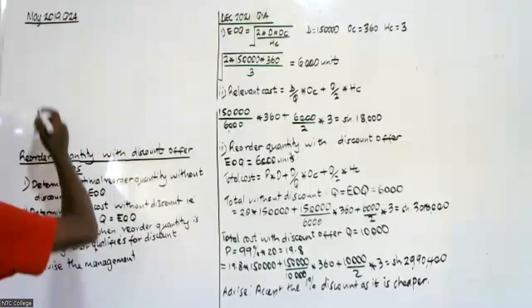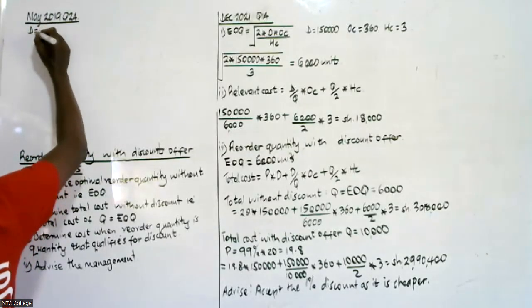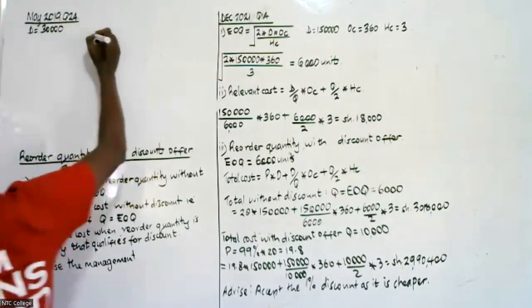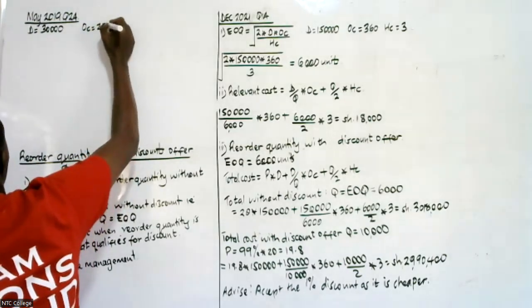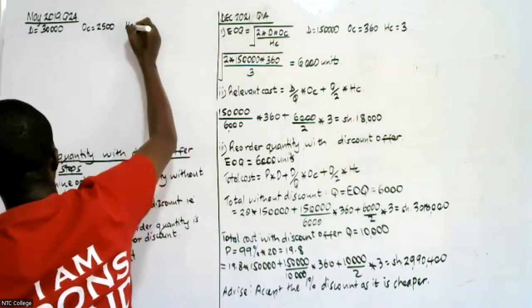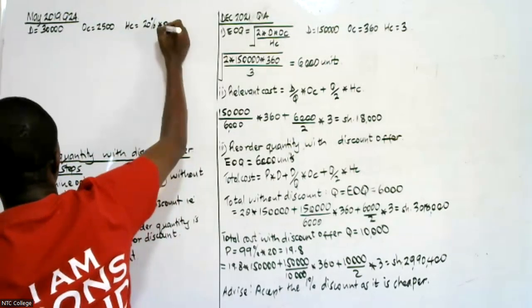Again, by analyzing what you do, your annual demand is 30,000. The ordering cost per order is 2,500. Your holding cost is expressed as a percentage of your purchase price.